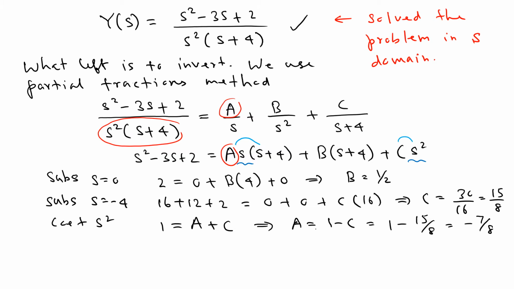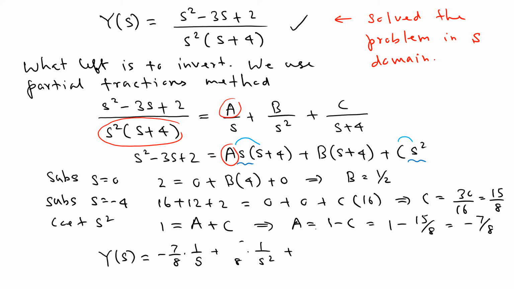Once we find all three, we can plug them back into the equation. So your Y of s is now going to be, just plug in the values. A is negative 7 over 8, times 1 over s. And then B is 15 over 8, 1 over s squared plus C. No, that's not B. B is 1/2.